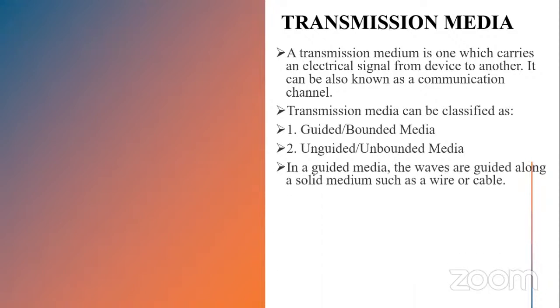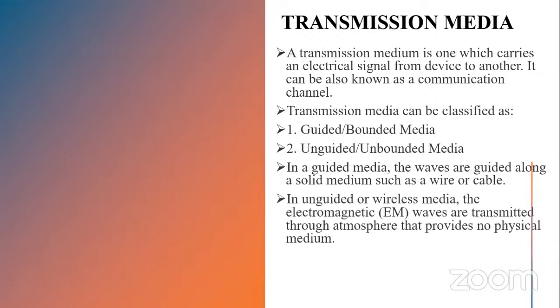Those who want to learn about networking and cyber security also, these are the basic information. In a guided medium, the waves are guided along a solid medium, such as a wire or a cable. Simply, you can remember that a guided medium means a cable or a wire, a dedicated link between the source and the destination.